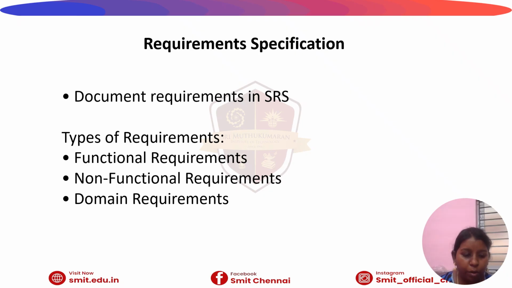Last is the domain requirements. Domain requirements are nothing but industry-specific rules. Whatever project we develop must obey the industry standards and rules, and all the rules must be specified in the SRS document.